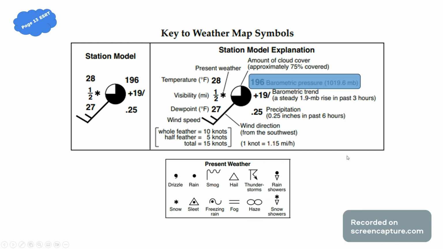Top right might be the toughest part about a station model. It is our barometric pressure, otherwise known as our air pressure. It will always be written in 3 numbers on the station model. But what I'd like you to notice is in the parentheses, we have 1019.6 millibars. So we're measured in millibars here. The 3 numbers in our station model are not the actual air pressure.